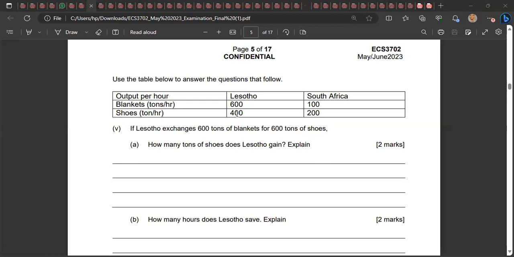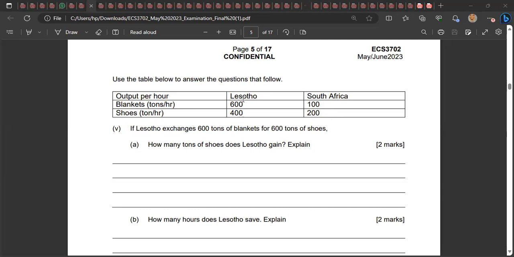So it already gives you an idea that the relative price, or the opportunity cost, of producing 1 blanket in Lesotho is going to be 0 point something. While if you do the same in South Africa, it's going to be 1 is to 2 there. Which means it's more expensive in South Africa to produce a blanket since it gives you a 2, while in Lesotho it gives you a 0 point something.